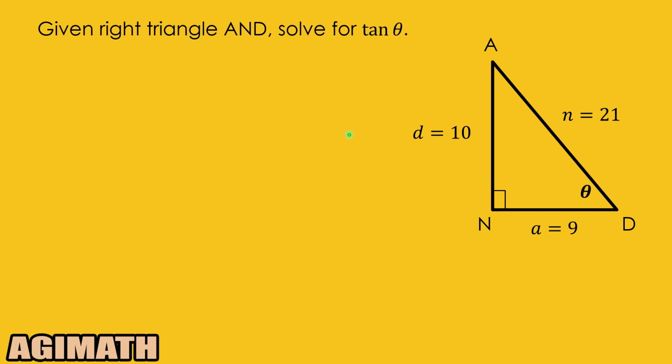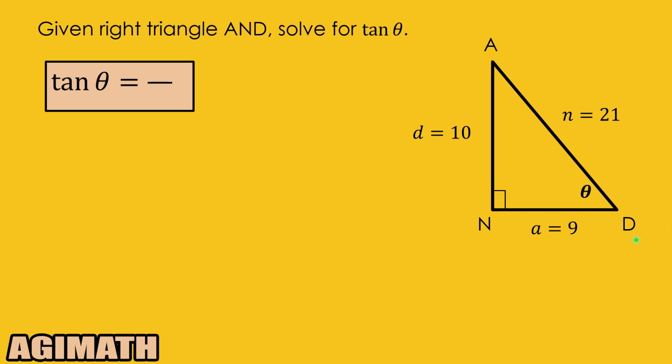So you are just going to recall how we define tangent. That is TOA from SOHCAHTOA. Tangent is opposite over adjacent. So again, you ask yourself what the reference angle is. Reference angle is theta. So you find where theta is located.